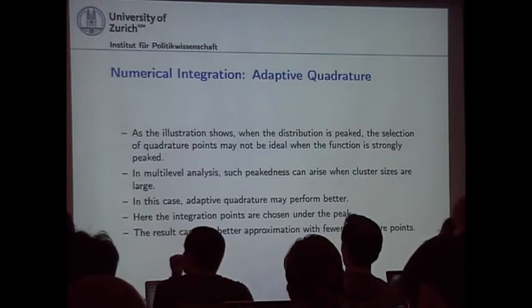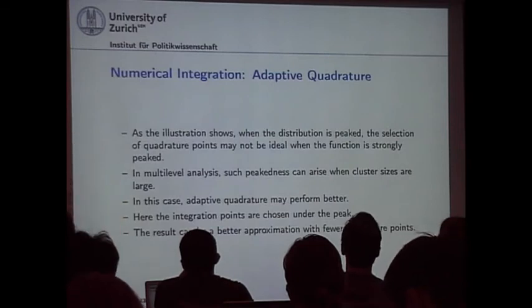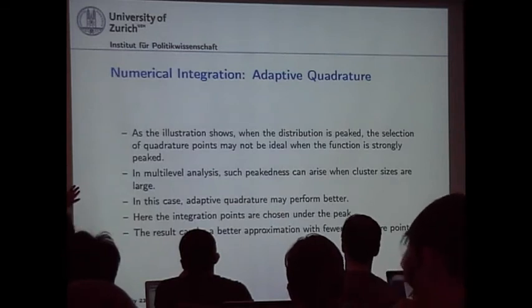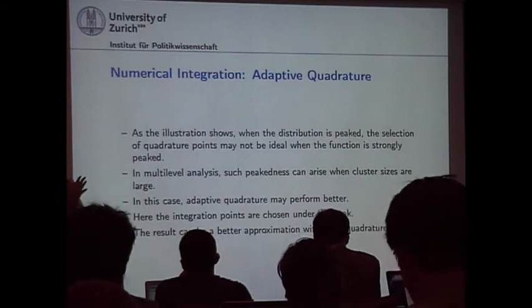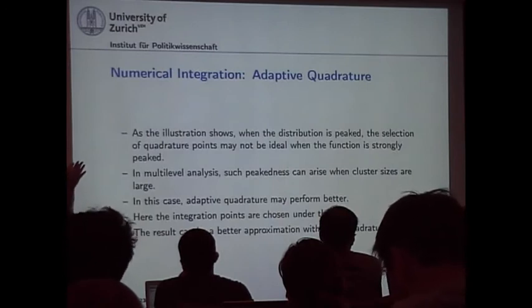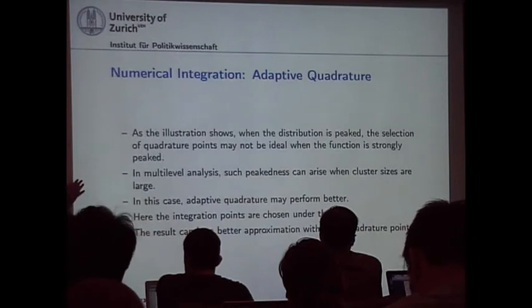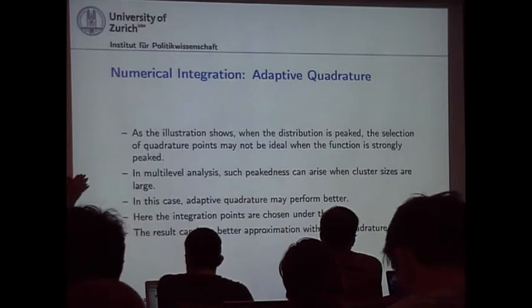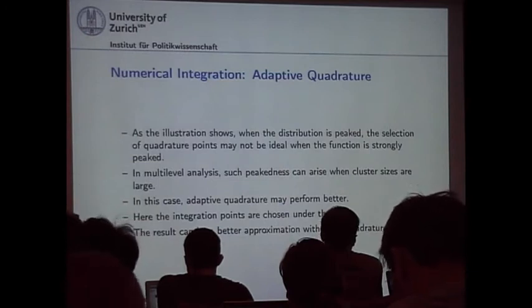And these really peaked curves are unfortunately fairly common in multi-level analysis when you have fairly large clusters. Because when you think about this distribution, you basically have a bunch of zeros and ones in their probabilities that you're multiplying.